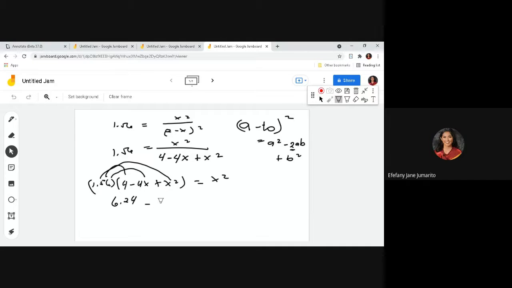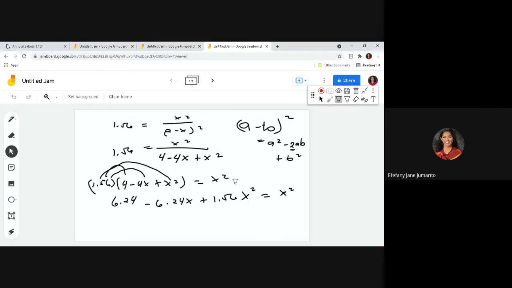So next, that will become 6.24, minus 6.24x, plus 1.56 x squared. Follow? Okay.